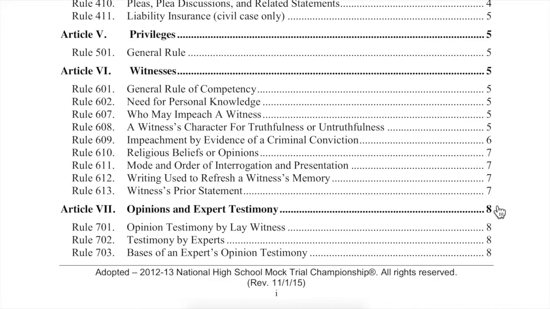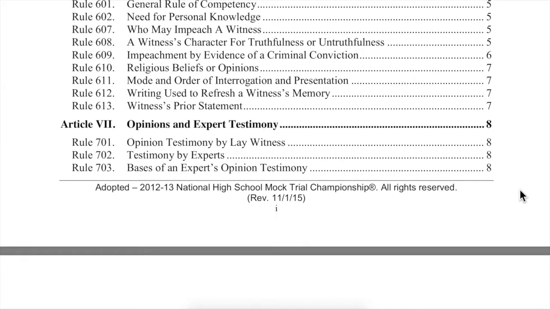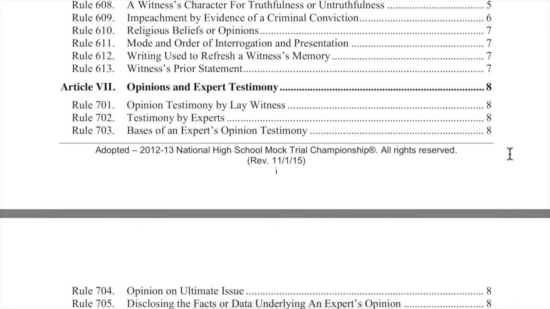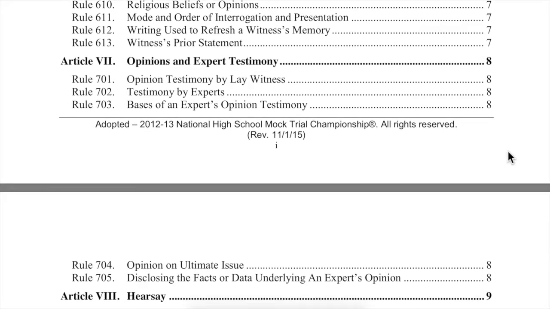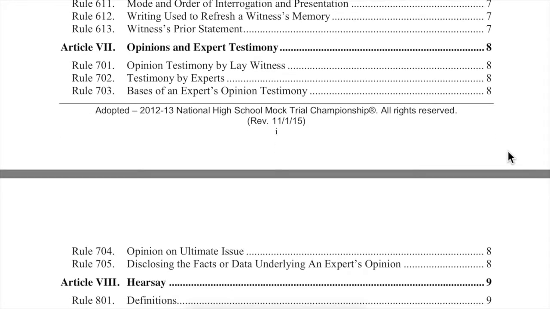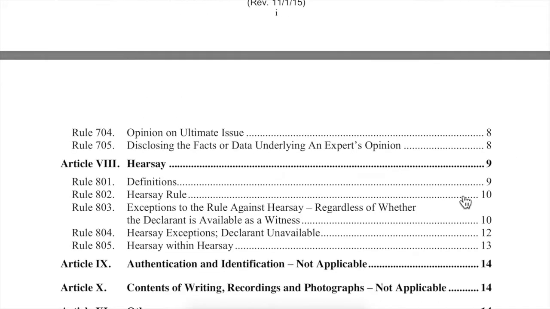The next important, of course, is 700, which are somewhat simple, and the 800 level, of course, deals with hearsay, which will probably be the most challenging for the students.